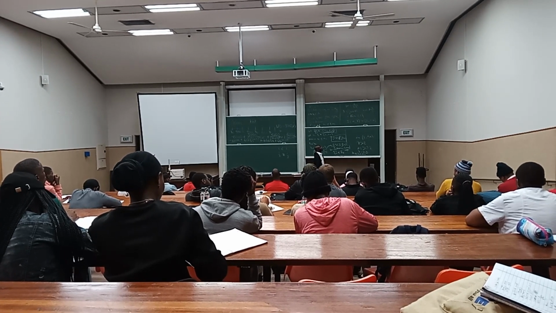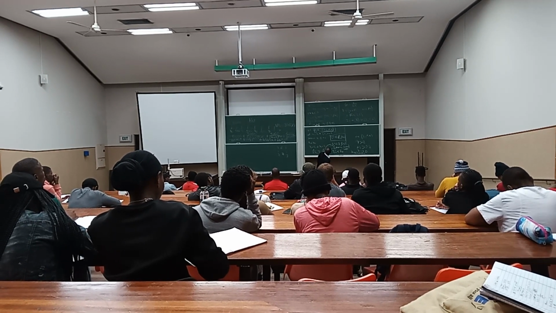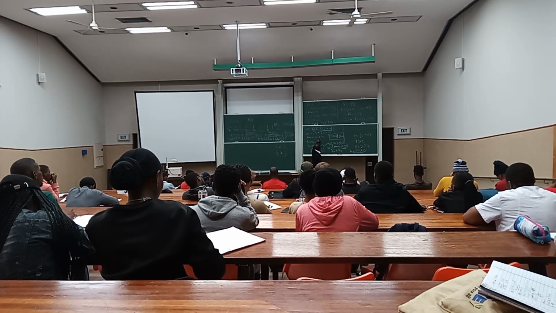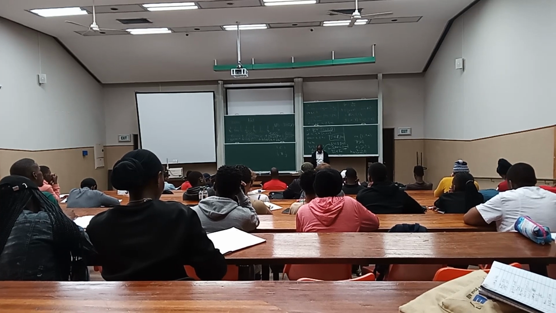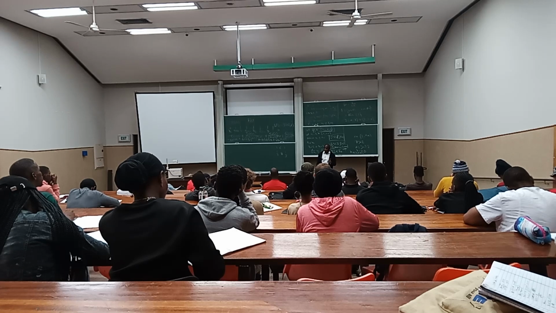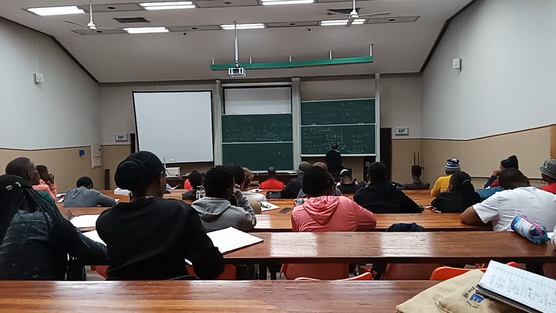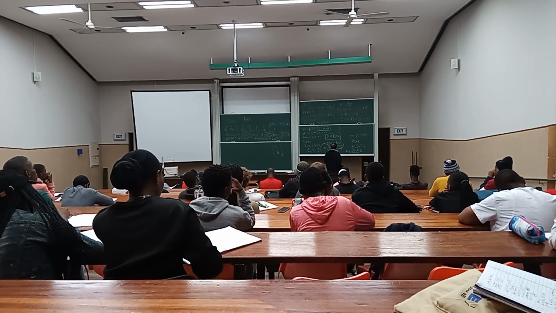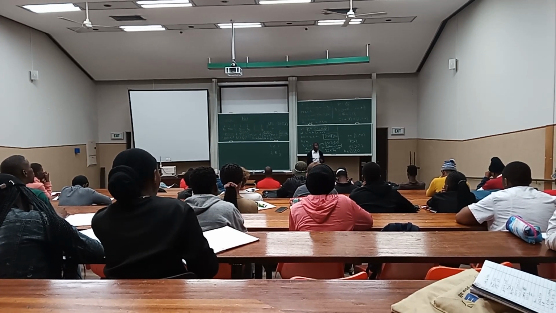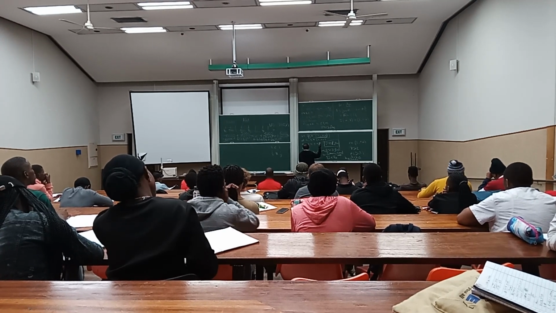Let's see. It will be strictly increasing, it will be strictly decreasing. If I find the derivative of this, it can never be 0, right? It can never be 0.